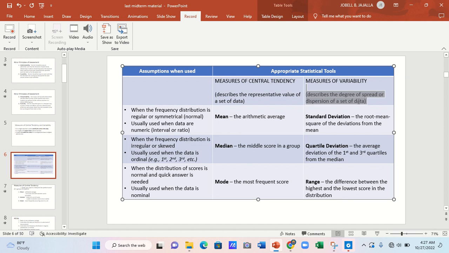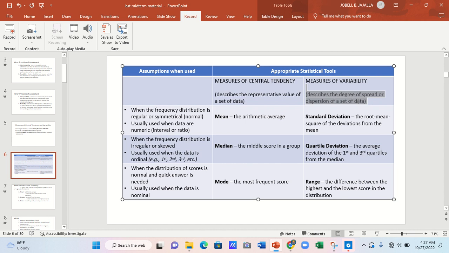So variability only talks about how spread out the scores are. If the scores are spread out, there is a high degree of variability among the scores in a test, or the scores of the students are clustered close together.